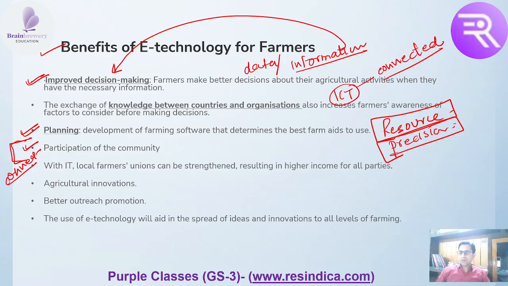Even if you are living in a village area and you have a certain kind of farmland, and you want somebody to advise me on this work, but if the things are not there in your village, then you can just directly connect through a panchayat office, and you can directly contact the farmers. You can directly connect with the agriculture scientists, and everywhere, right? So community participation will happen. So local farmer unions can be strengthened, resulting in higher income.